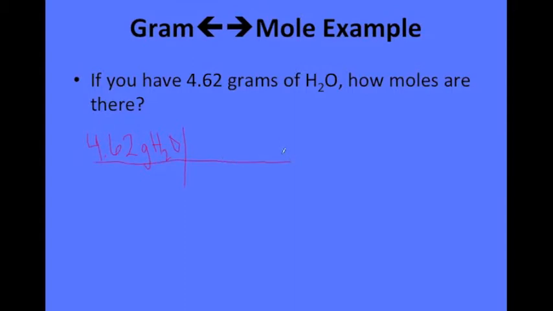And then line up your units and look at the periodic table, and you find that the mass of H2O is 33.006 grams of H2O for every 1 mole.